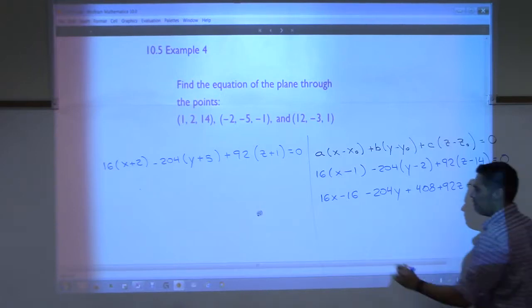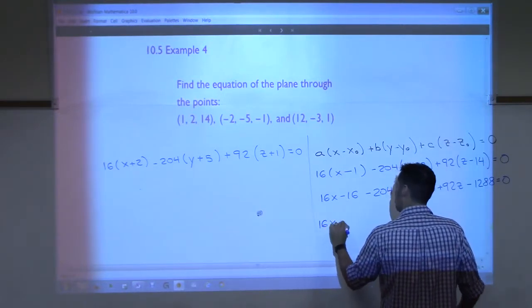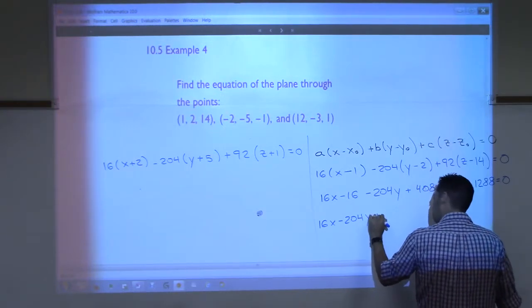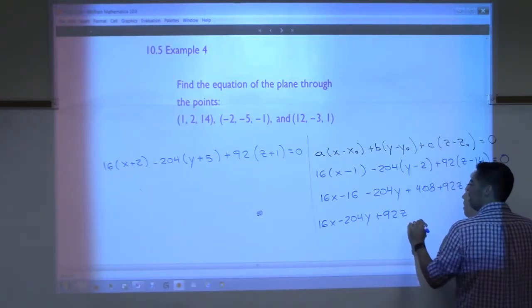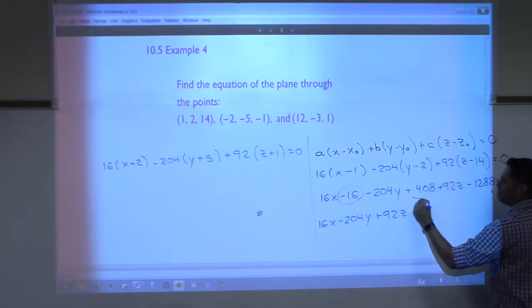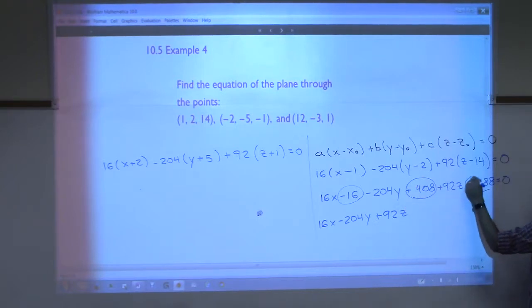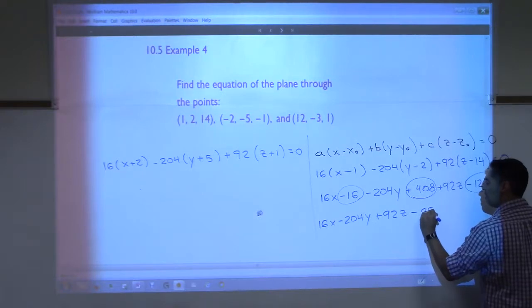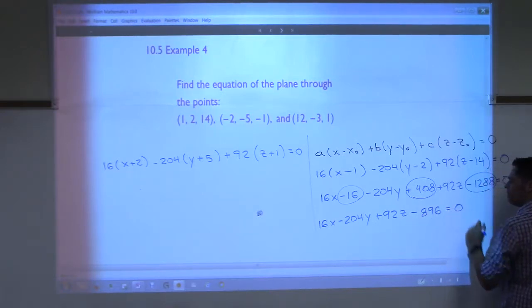And let's get all our variables out here. 16x minus 204y, 92z. Meanwhile, somebody's adding up all those constants for me: minus 16 plus 408 minus 1288. Minus 896 equals 0.